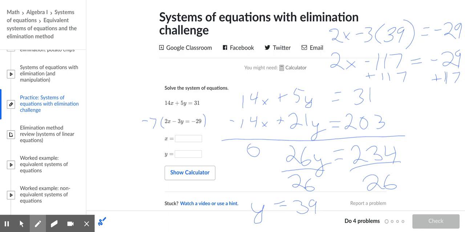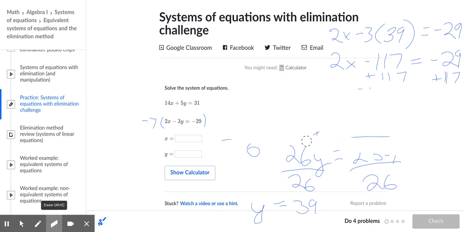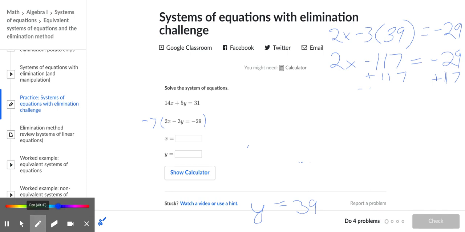Negative 29 plus 117 is 88. I'm going to erase this earlier step so that I can continue. Okay, so I have 2x equals 88.